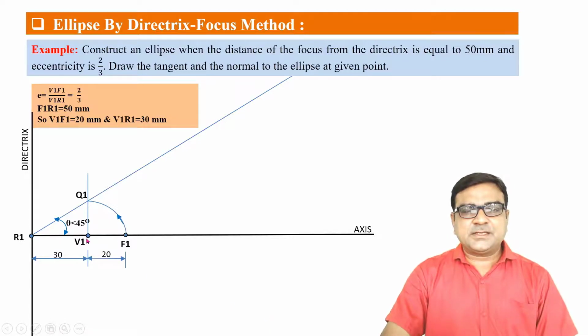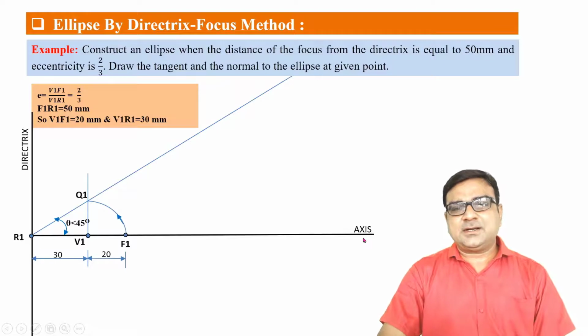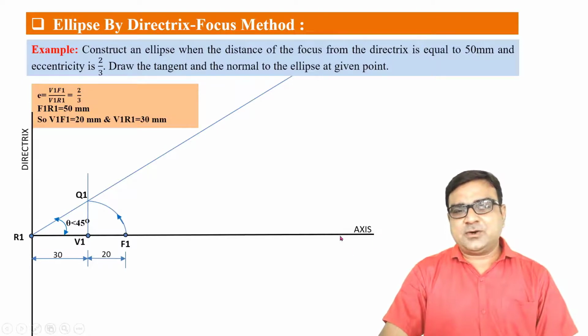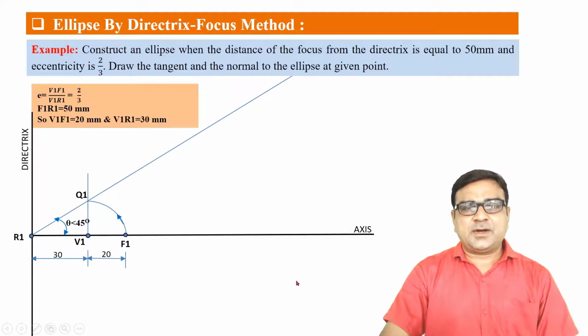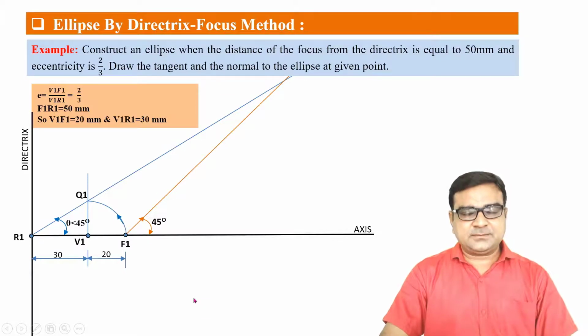Now V1 is one end of the major axis. The other end of the major axis is on this particular line. So how can you find that? For that, draw a line from F1 at 45 degrees. The intersecting point of these two lines is one point, and draw a vertical line from that point which intersects the horizontal axis.